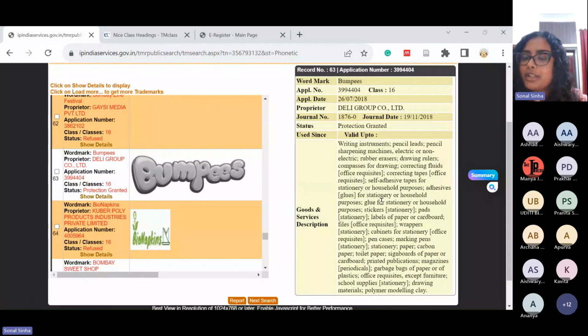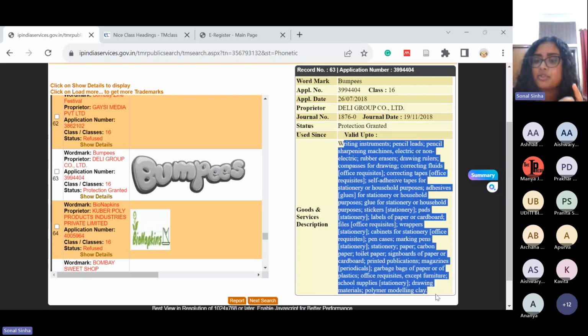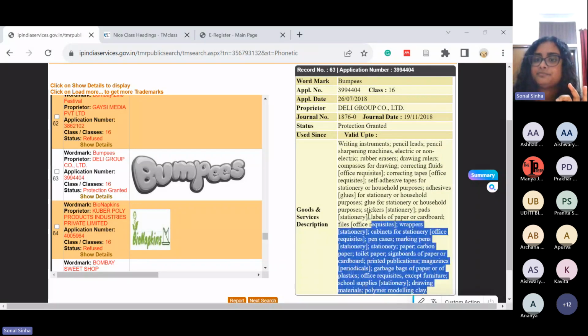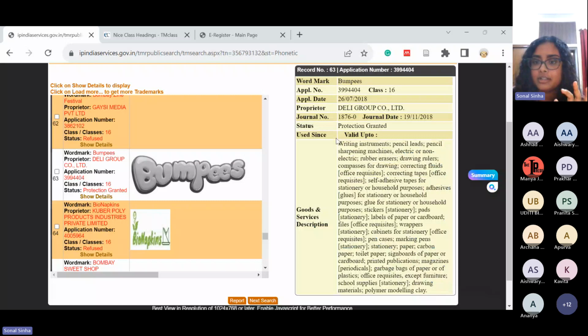So when filing an application, this is where the strategy thing that I was talking to you about comes into the picture. While working on the specifications for your client, you will make sure that you try to avoid a very generic description of stationery, right? You make sure that nowhere over here they have mentioned babies or kids or toddlers or toys for toddlers.